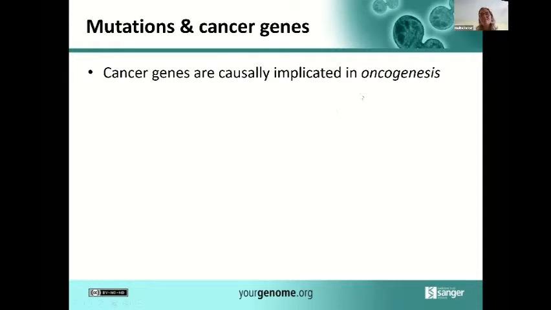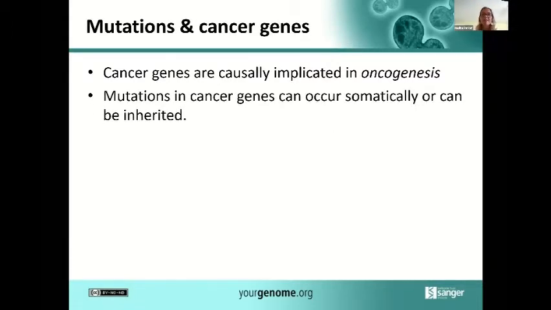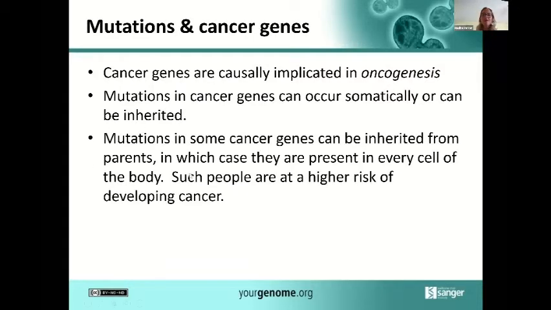So the process is called oncogenesis because it's making an oncogene, which is the cancer gene. So it can be somatic, which is a normal body cell, or inherited, so it comes from your parents. If you inherit it, it means every cell in your body has that mutation, so you've got a higher risk of getting cancer.